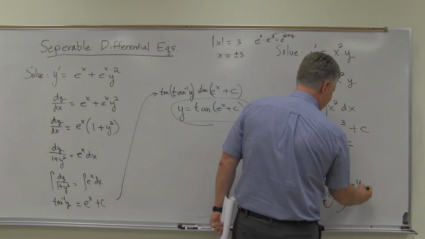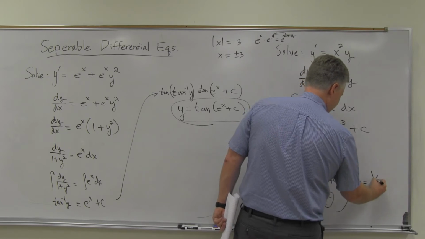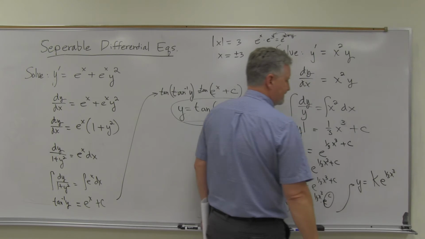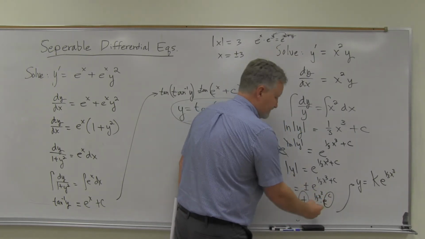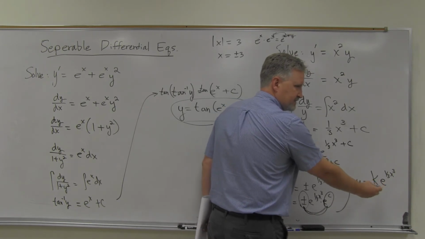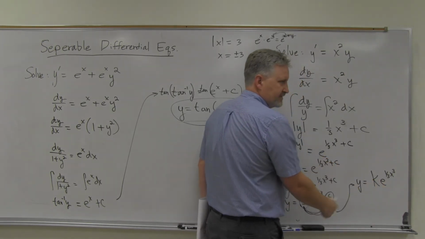So here's what they would put: they group all this stuff together as k, as one constant, because you're going to have a plus or minus either way.